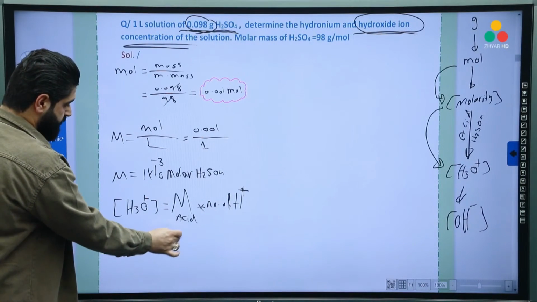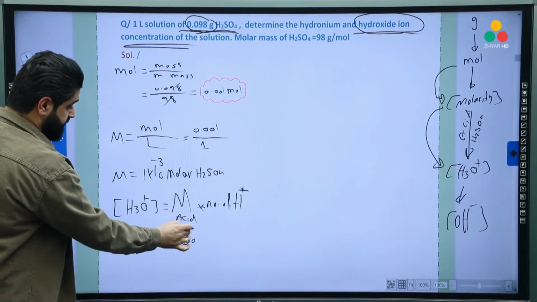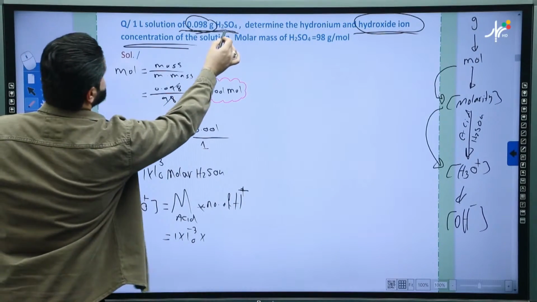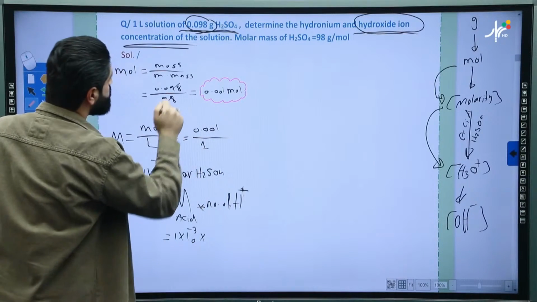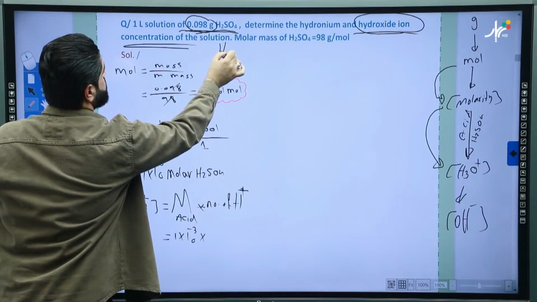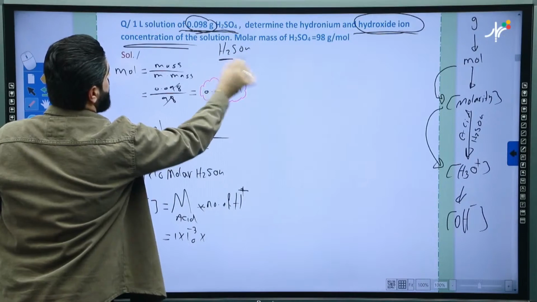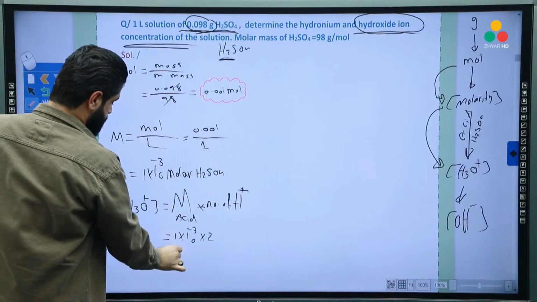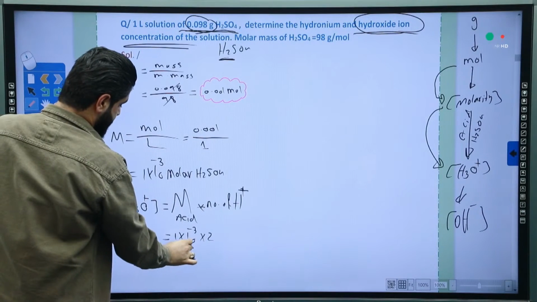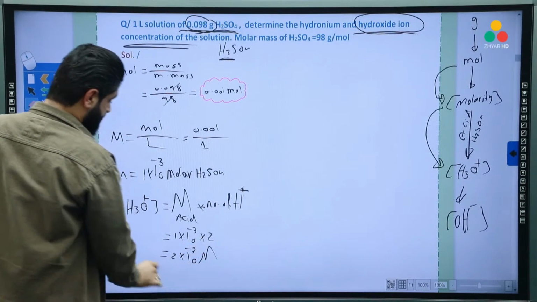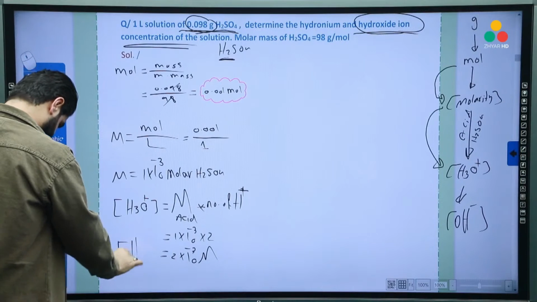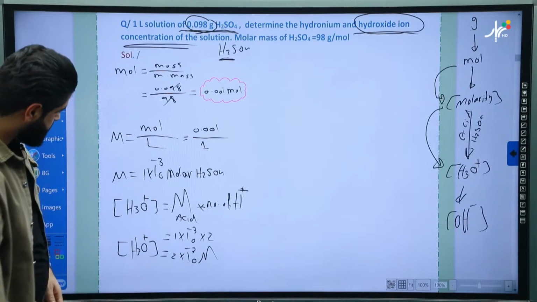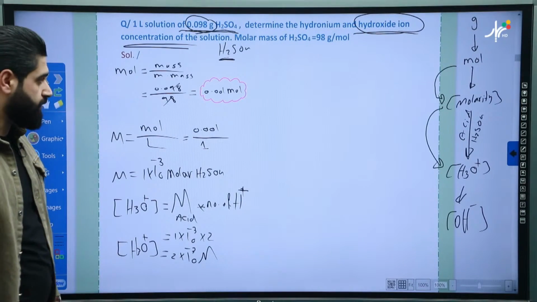It equals molarity, 1 times 10 to the negative 3, multiplied by 2, because H2SO4 contains 2 protons. It will be 2 times 10 to the negative 3 molar of H3O. Very good. Now we have the molarity of H3O.